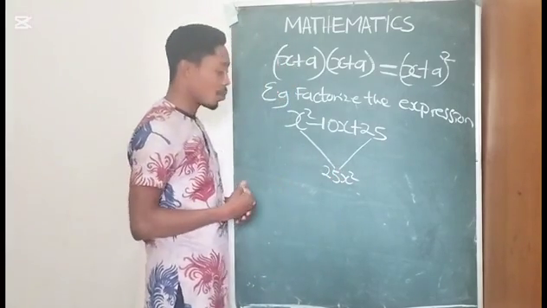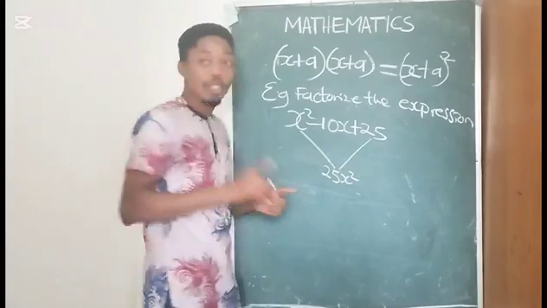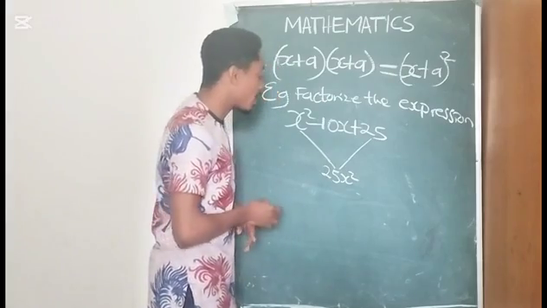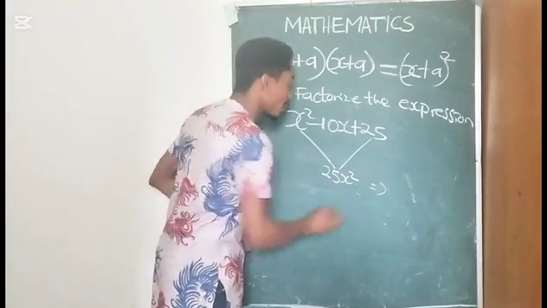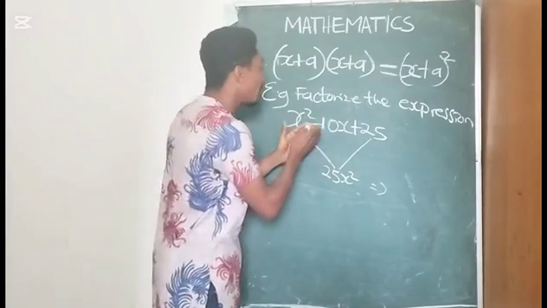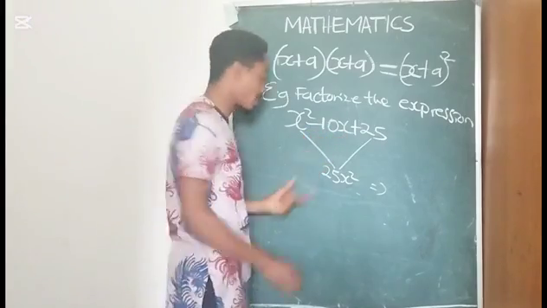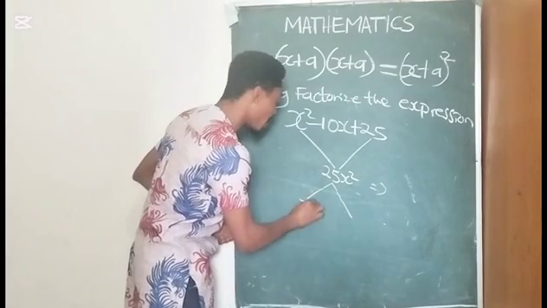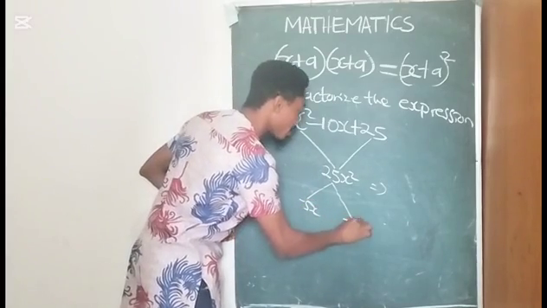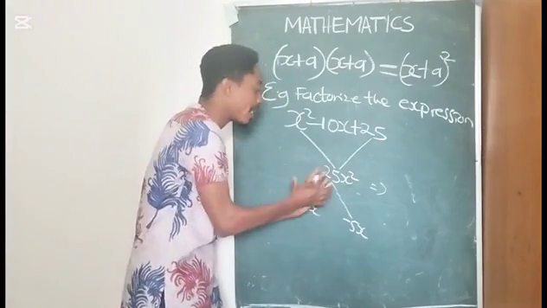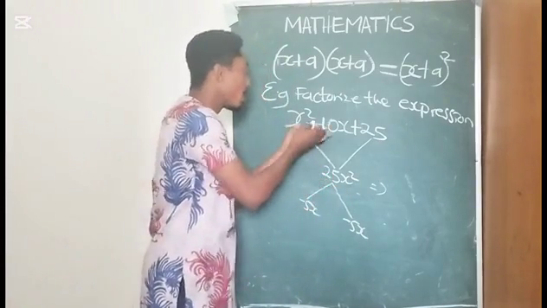The next thing is to find factors of 25x squared such that when you add them, they give you the middle term, which is minus 10x. So the factors are minus 5x and minus 5x.